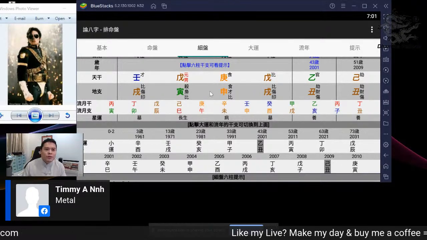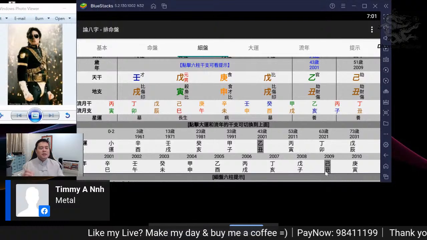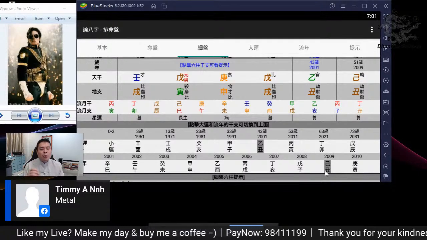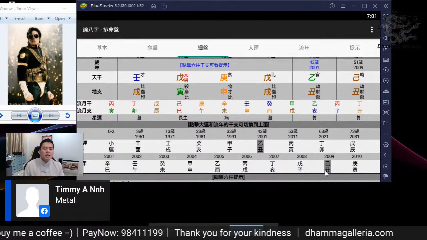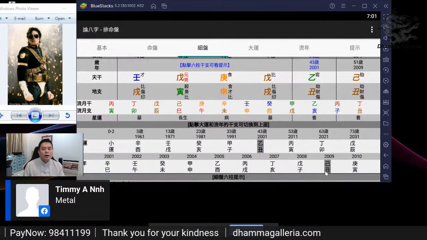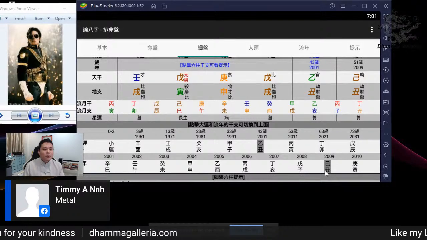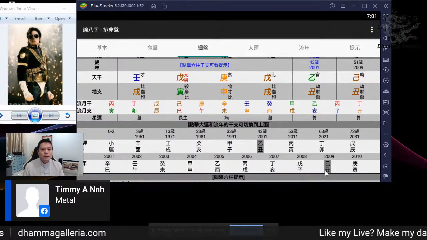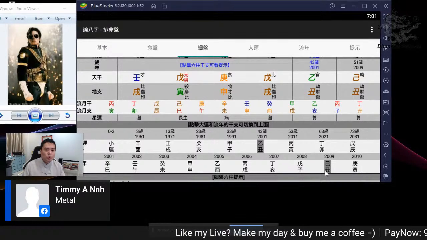And what happens if this metal is being buried? 就是他的喜神嘛，his favorable element is being buried. Means it will be a year of crisis for him. Therefore, he passed away during that year in 2009.